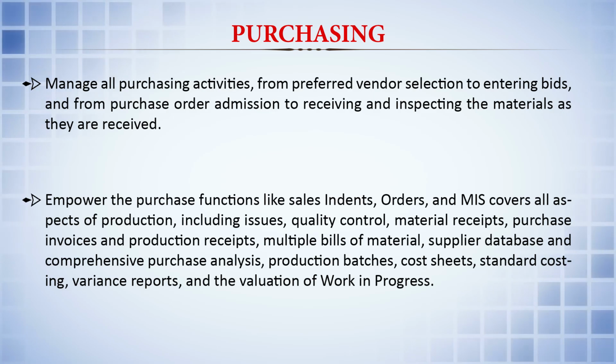To empower the purchase functions like sales, indents, orders, MIS covers all the aspects of production including issues, quality control, material receipts, purchase invoices and production receipts, multiple bills of material, supplier database and comprehensive purchase analysis, production batches, cost sheets, standard costing, variance reports and the valuation of work in progress. So, all these activities that pertain to the purchases will be monitored and coordinated by the purchasing subsystem.